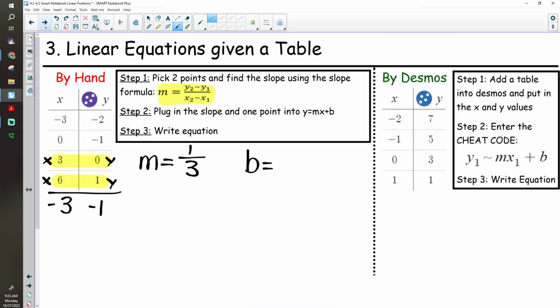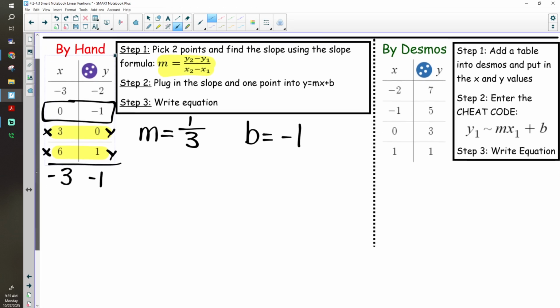So what is our b value? Negative 1. This is our y-intercept because the x value is 0. So b is negative 1. Once you have m, once you have b, you can write your equation.